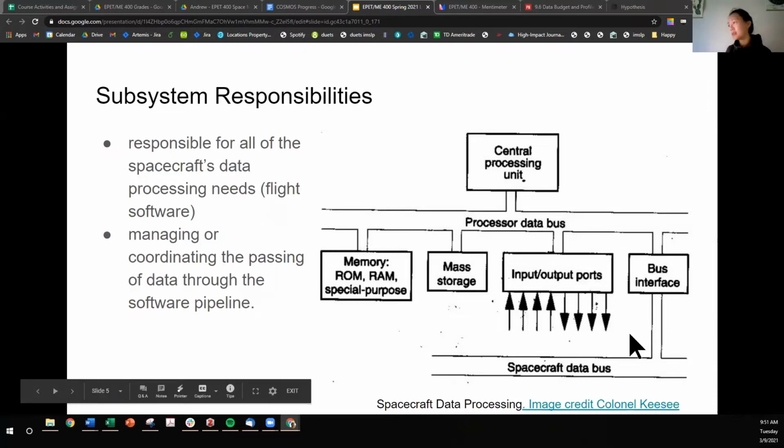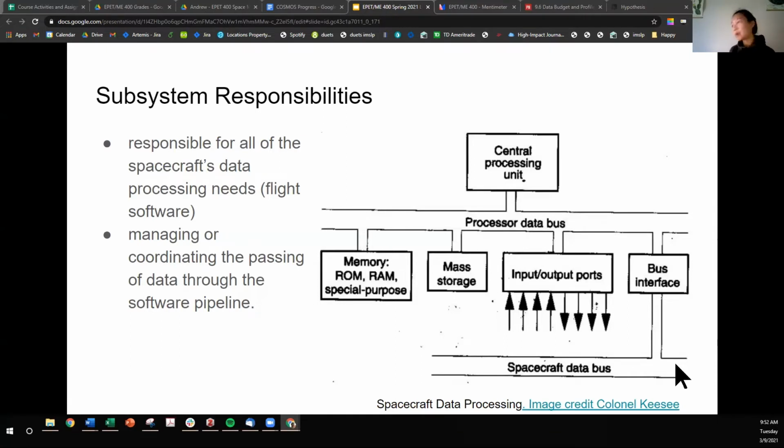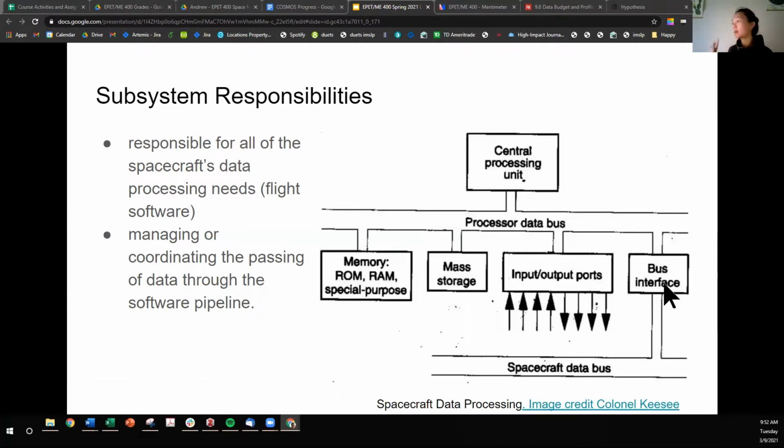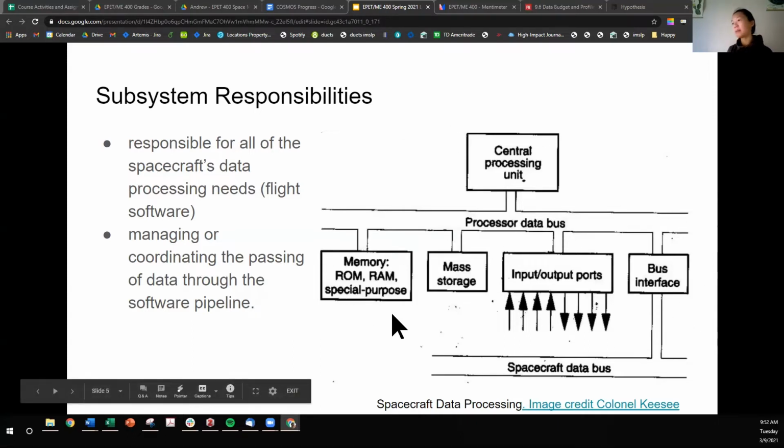So we've seen this in another picture, but what's important here is that there's a spacecraft data bus that is this pipeline in which all of the data packets go through, and then the computer can listen in selectively or have all of the messages come through depending on your software architecture. But you can kind of physically intuit that process in this diagram.